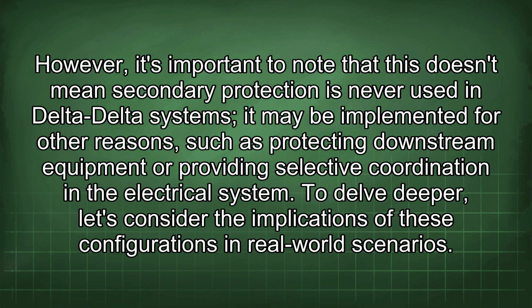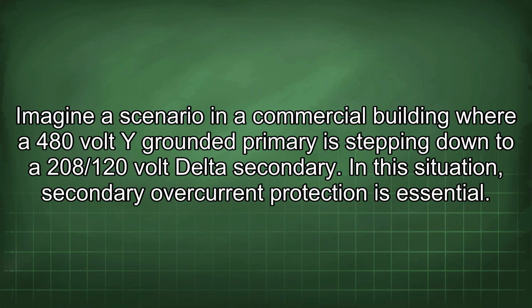To delve deeper, let's consider the implications of these configurations in real-world scenarios. Imagine a scenario in a commercial building where a 480-volt Y-grounded primary is stepping down to a 208/120-volt delta secondary. In this situation, secondary overcurrent protection is essential.